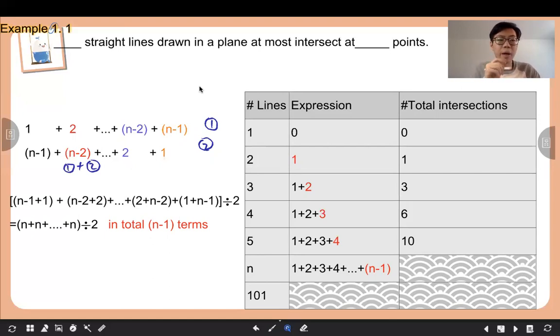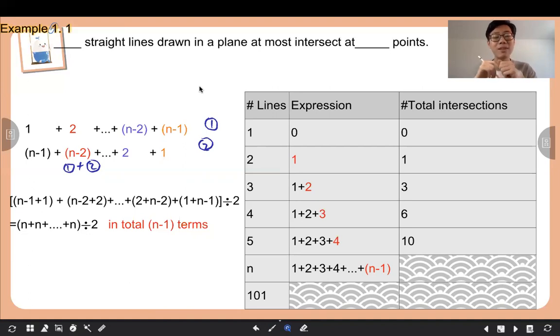That's why it's n minus 1 plus 1 the first time, and n minus 2 plus 2 the second term. Because the upper and the lower parts should be added together. And they actually have the same result, that's n for each term. And how many terms are there? 1, 2, 3, all the way to n minus 1. So in total, how many terms do we have?